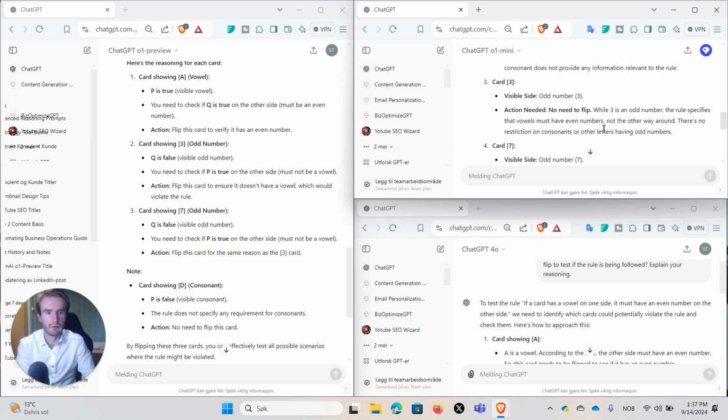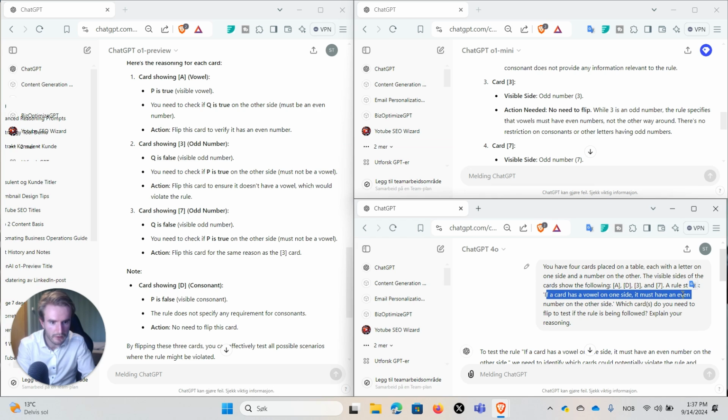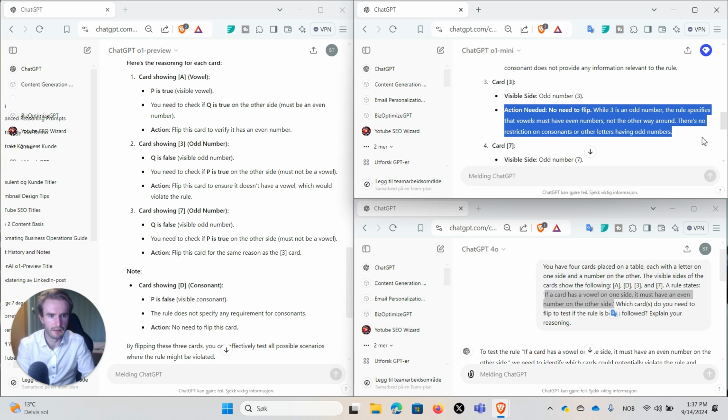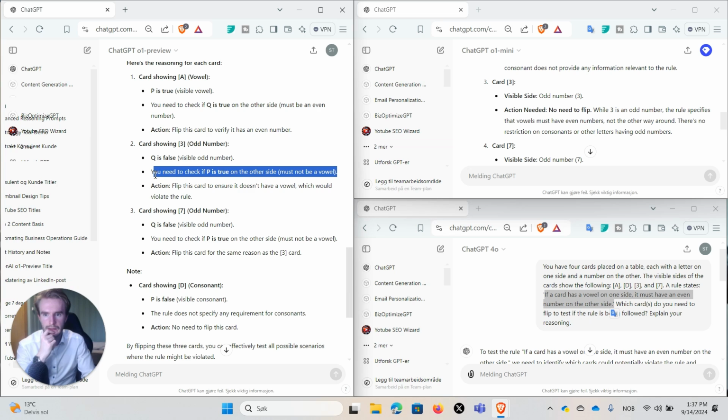That vowels must have even numbers, not the other way around. There's no restriction on consonants or other letters having numbers visible. A rule states if a card has a vowel on one side, it must have an even number on the other side. So here O1 Mini takes this detail as a basis, whereas here it's Q is false, which is pretty interesting.